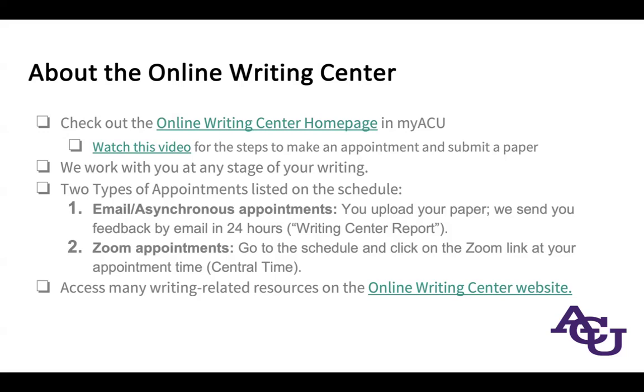You can schedule an email or asynchronous appointment where you upload your paper. We send you feedback by email in 24 hours. That will be headed with the title Writing Center Report. You can also make a Zoom appointment where you go to the schedule and you will click on a Zoom link at the time of your appointment and get to Zoom with a tutor in real time.